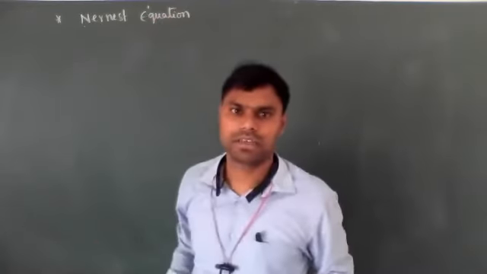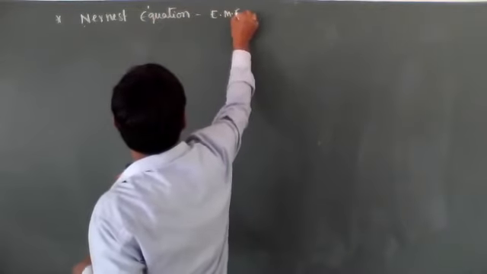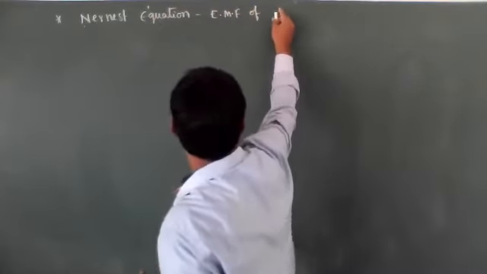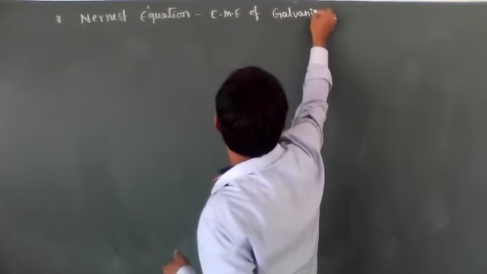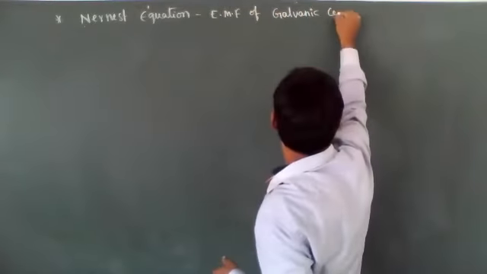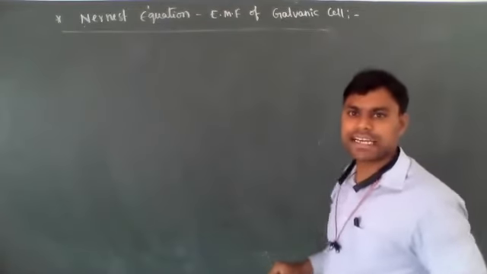The Nernst equation is nothing but the EMF of a galvanic cell. Nernst is a scientist's name.